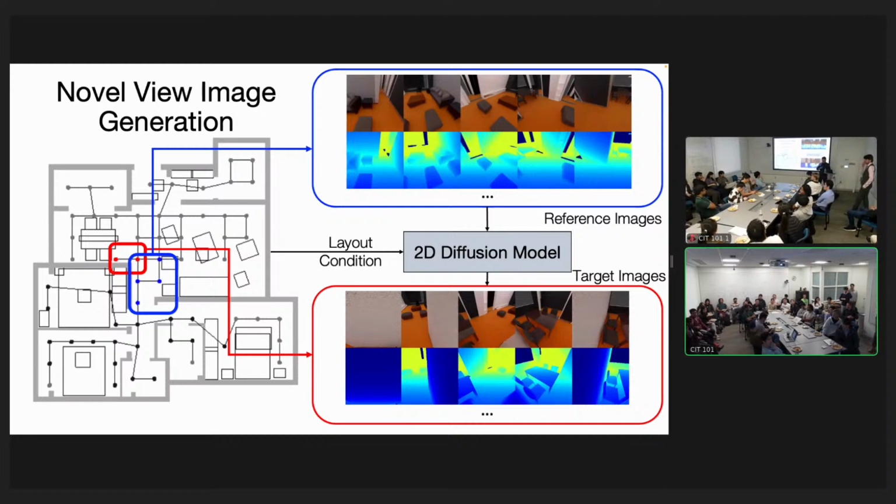How exactly do you encode the layout? Yeah, that's a good point. For the layout, because we're talking about generating images, the generation of the image is dependent on the camera pose at each location.